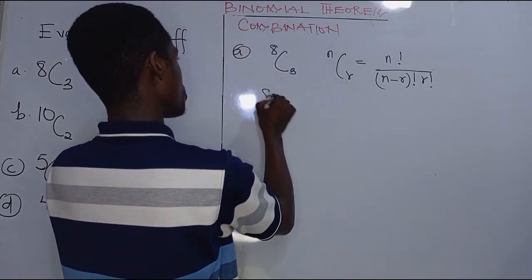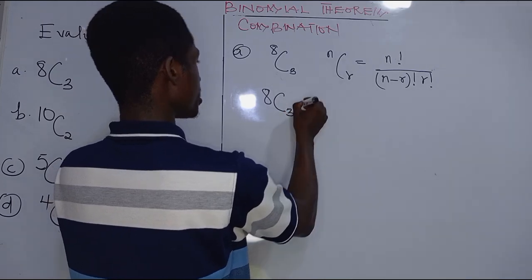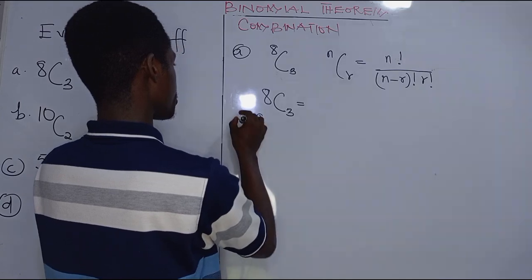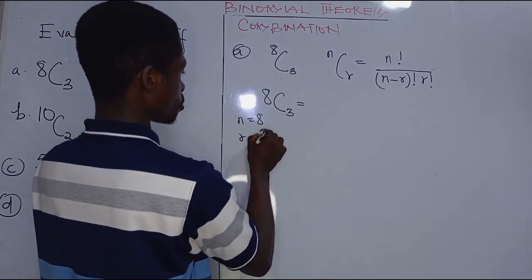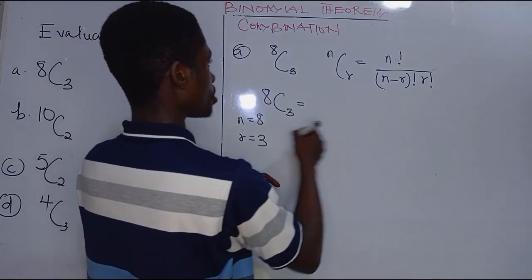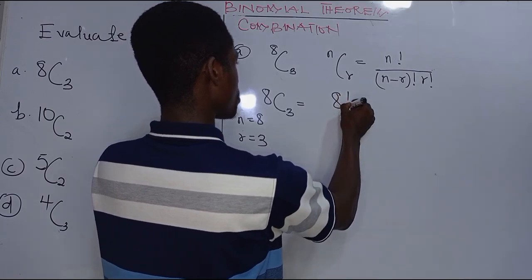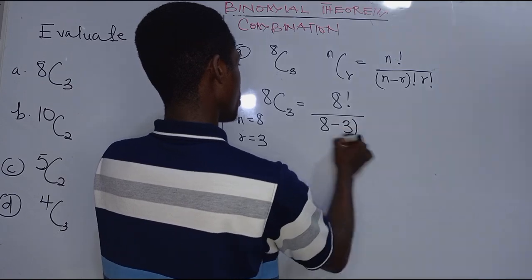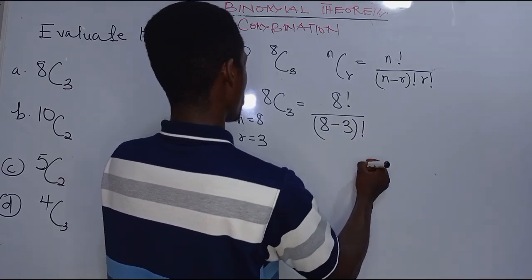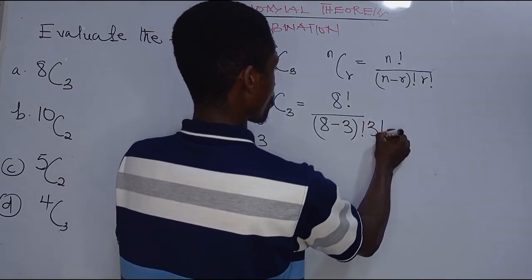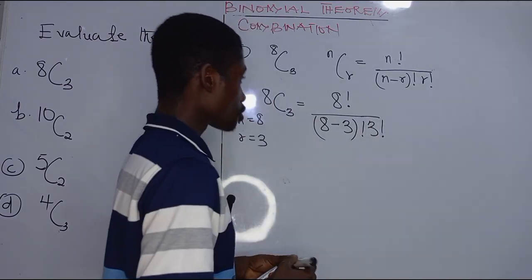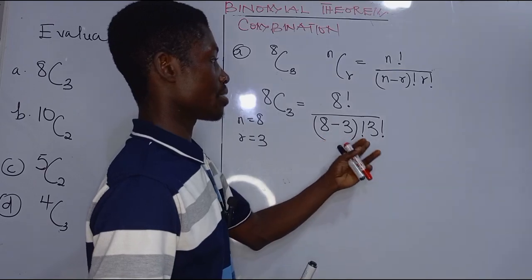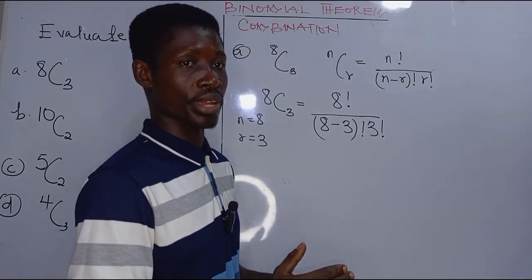So with this, 8 combination 3 is equal to, our n is equal to 8, our R is equal to 3. So we are going to have 8 factorial all over (8 minus 3) factorial multiplying 3 factorial.